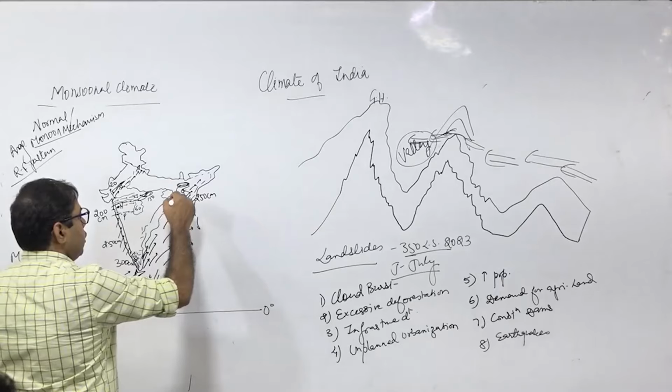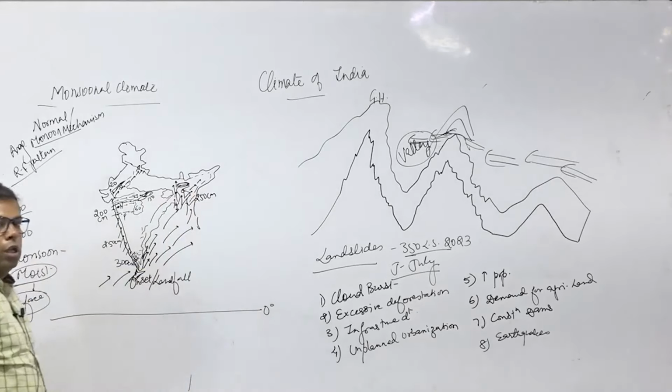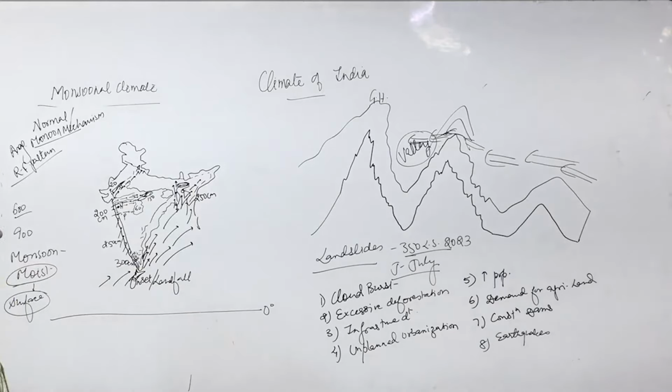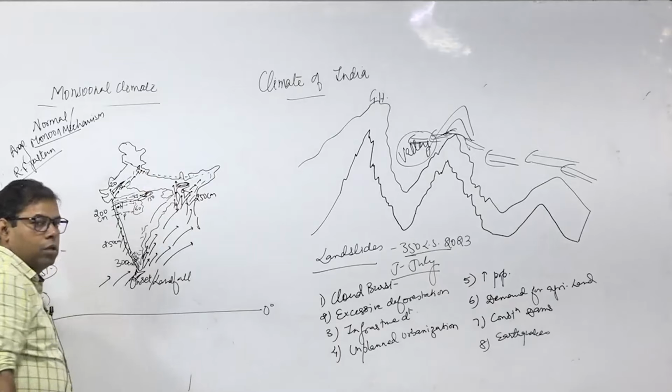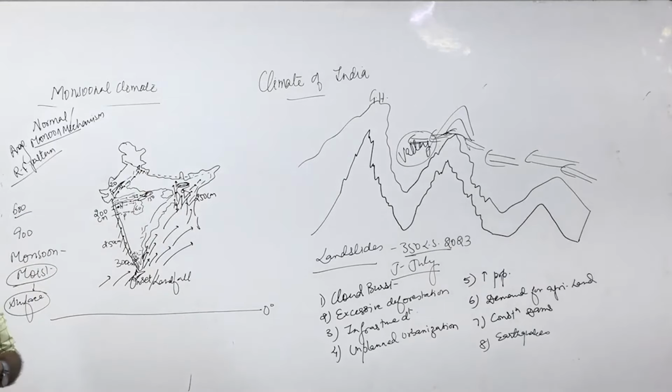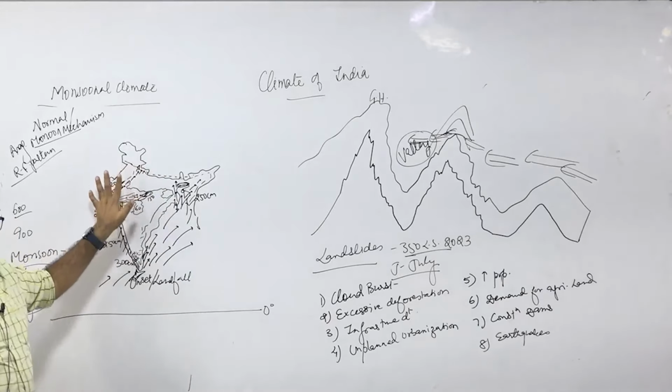This enters West Bengal, and again it hits the Himalayas. So the Himalaya is again an orographic barrier for the monsoon, right? They asked a question in the prelims: if there was no Himalaya, what could have been the climate of India or the northern plains? It could have been absolutely dry and desert.